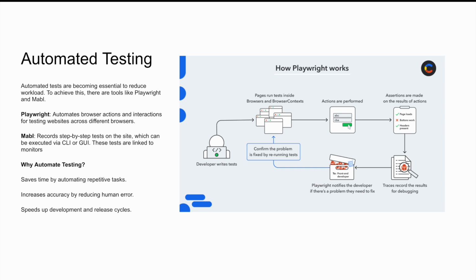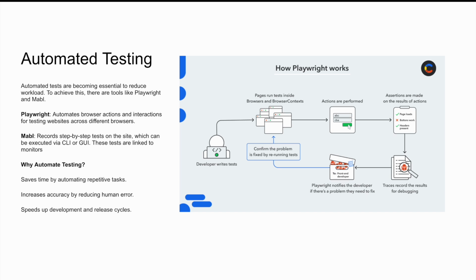Also, automation is becoming quite essential right now in NOC operations, and we have tools like Playwright and Mabl to help automate testing to reduce the workload and improve efficiency. You can use Playwright to automate browser actions for testing websites across different browsers, and Mabl also lets you record step-by-step tests that can be executed via the CLI or the GUI.